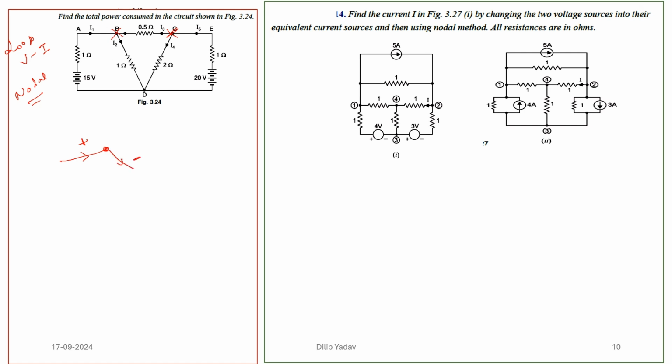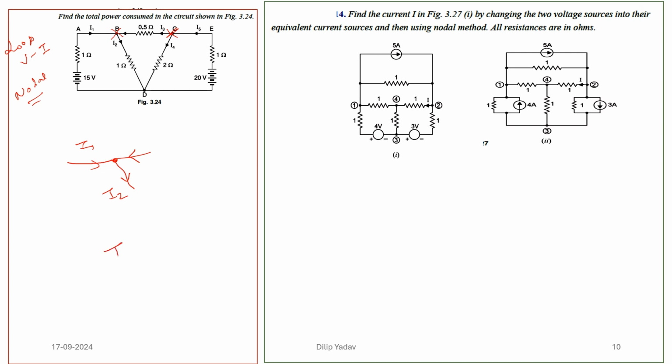If we look at point B, I1 is going inside, so it will be positive. I2 is coming outside, so I will say it negative, and I3 is going inward.